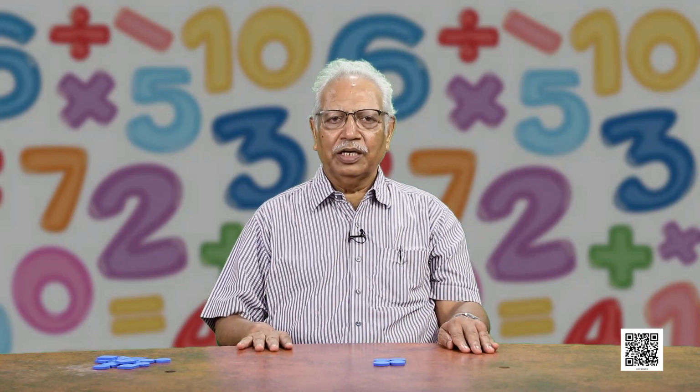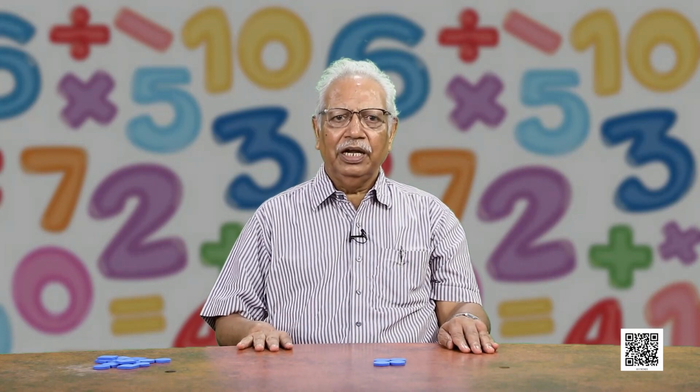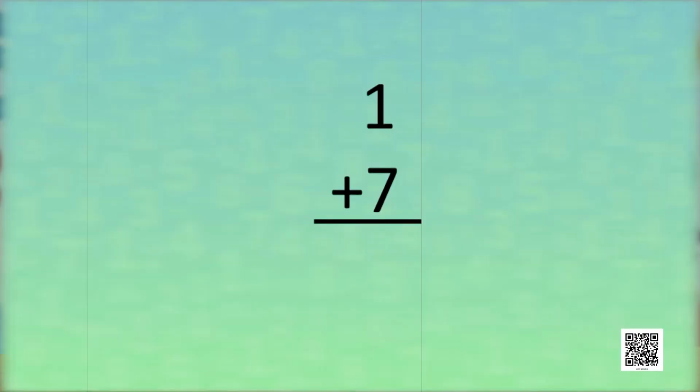So, we have marked 1 line and then 7 lines and then we count them together again: 1, 2, 3, 4, 5, 6, 7, 8. So, the answer here will be 8.